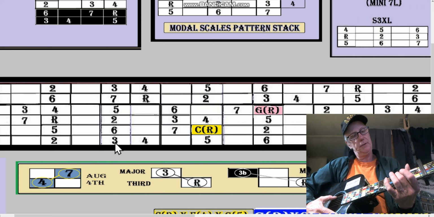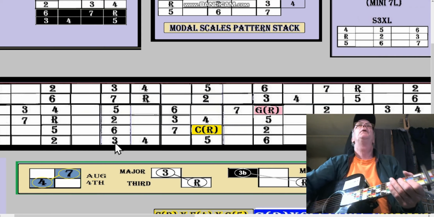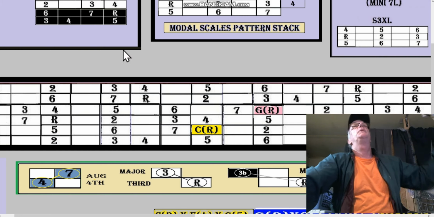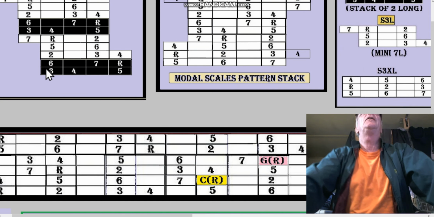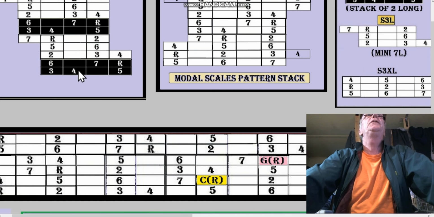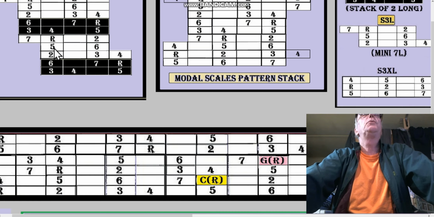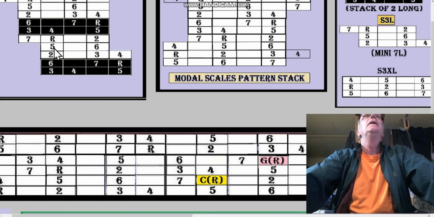So we do the S2L, and then we start the S3S. But now, what we have the difference here is, so here's the 3 we started on, right? We went 3, 6, 2, 5 up to the G string, 3, 6, 2, 5, and yes, G is the 5th of C because we're on the open fret zone, right?